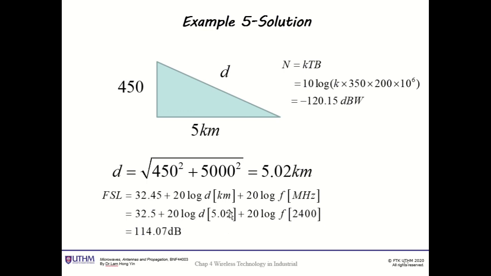At the same time, you can also calculate the noise N, which is equal to KTB. So 10 log of K times the temperature times the bandwidth, you get the value over here, the noise value.